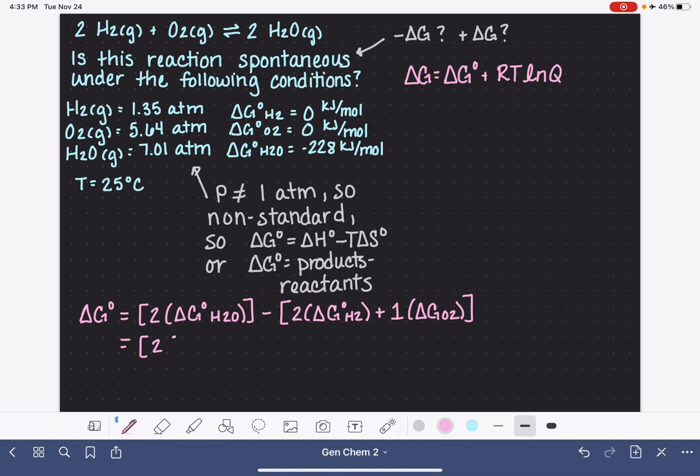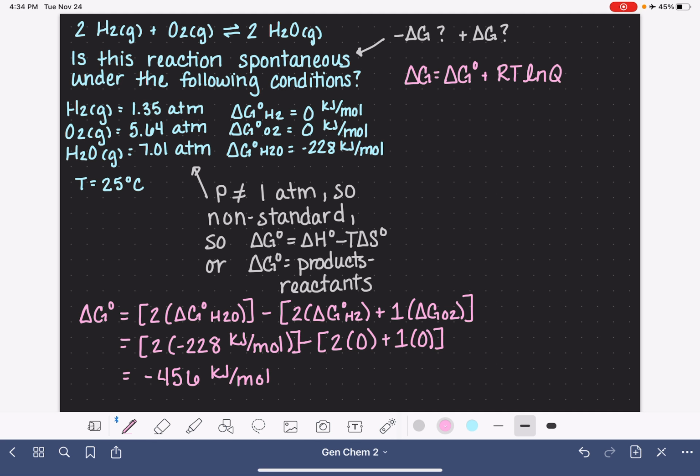We're just going to plug those in. 2 times negative 228 kilojoules per mole, minus 2 times 0 plus 1 times 0. This works out to be negative 456 kilojoules per mole.